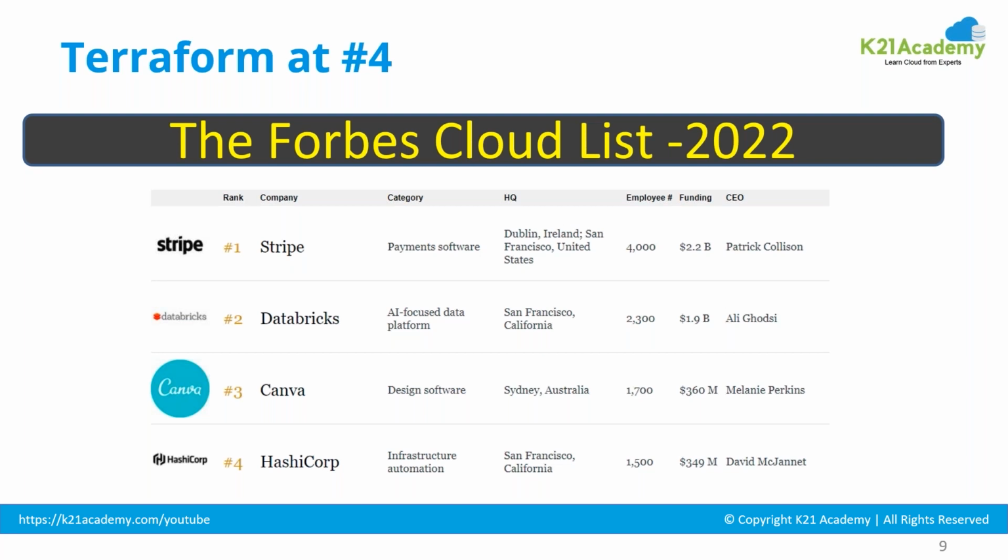Terraform is one of the tools which HashiCorp provides for cloud automation. Apart from that, it also provides certain SaaS services, like Terraform Cloud and Terraform Enterprise, which we are also going to see. So we are going to have a look at that too.